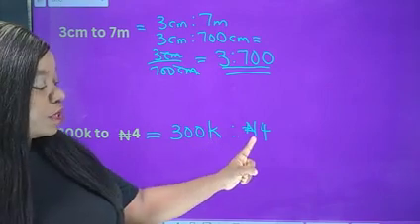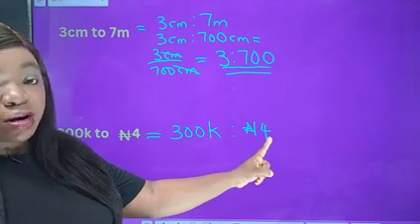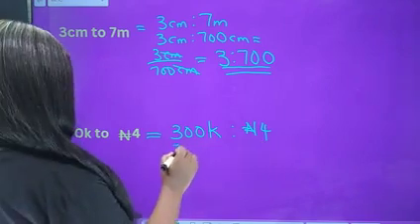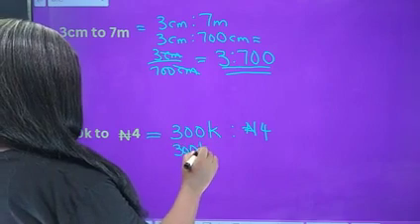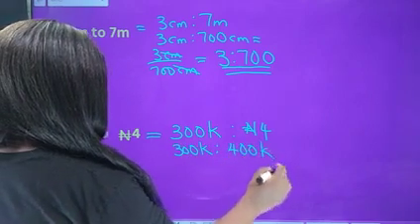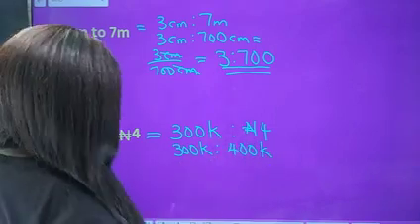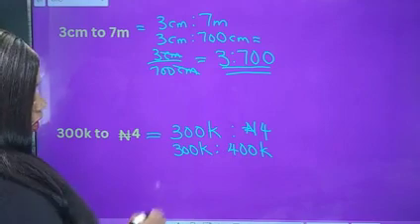So if 100 kobo makes 1 naira, how many kobo makes 4 naira? And that will be 300 kobo is to 400 kobo, because 100 kobo makes 1 naira, that is 400 kobo for 4 naira.